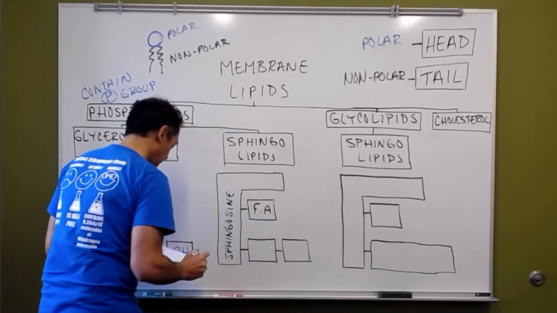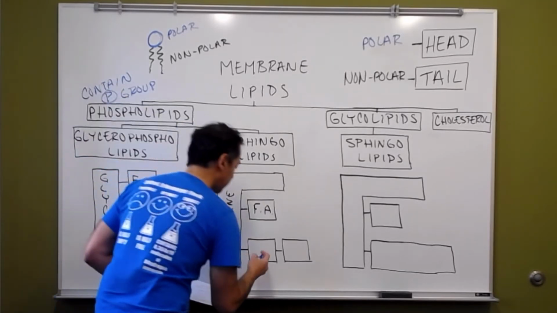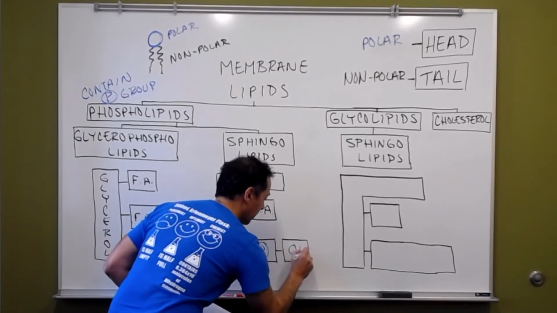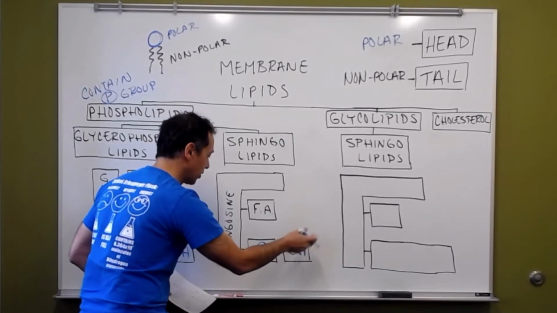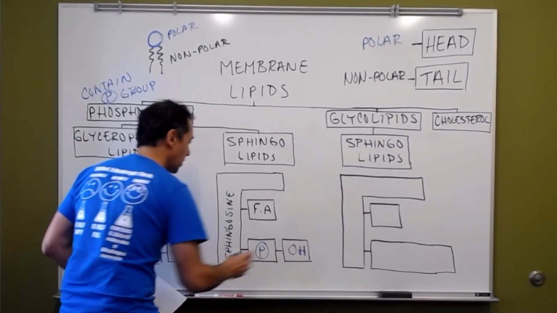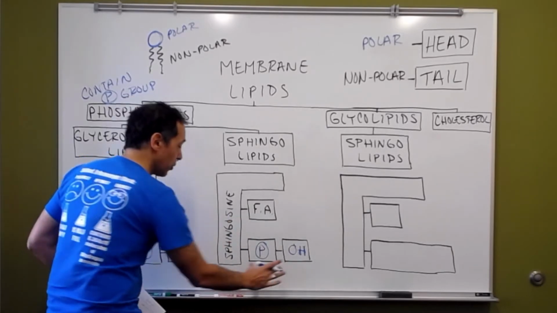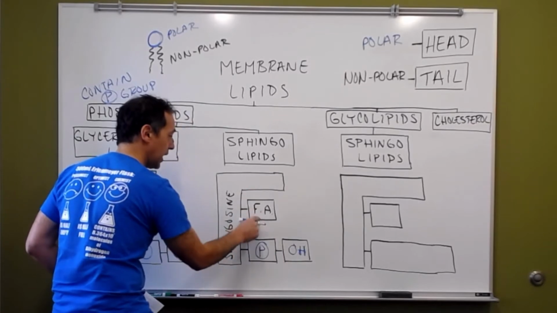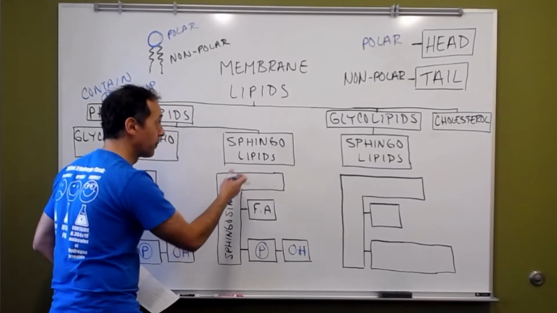And then we're going to have a polar phosphate group and an alcohol. Again, the alcohol here could be a number of carbons attached just as long as it ends with an OH. And these, again, would be ester linkages. So this part of the molecule would be the polar head. And then here we have the two tails. And part of the tail here is the sphingosine molecule.